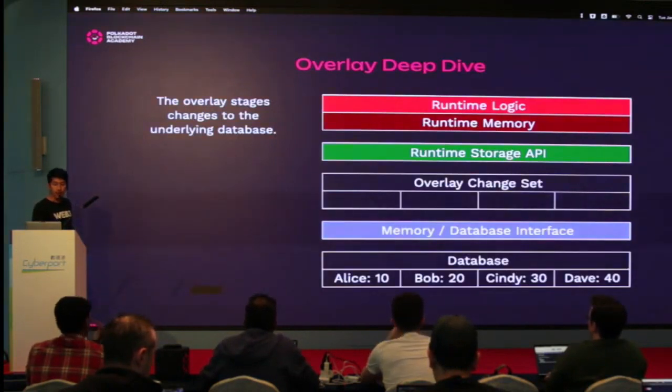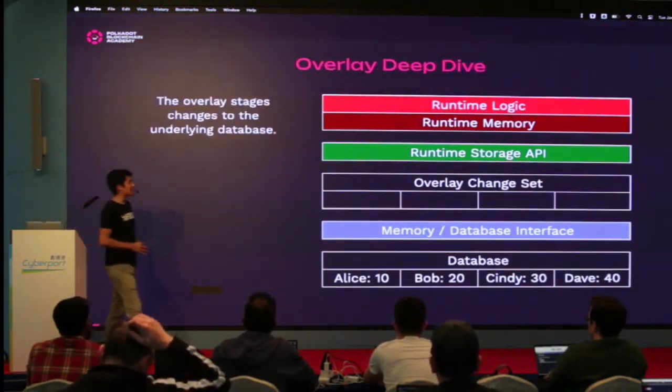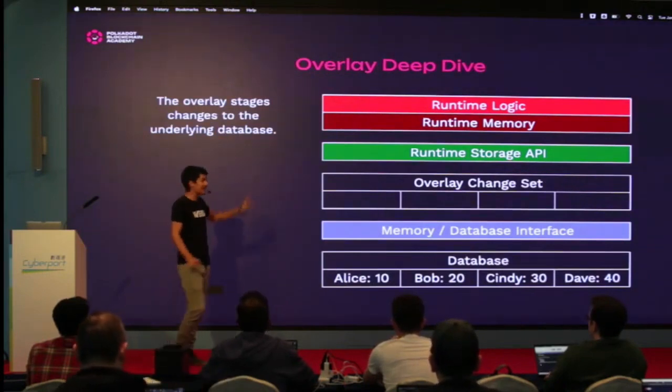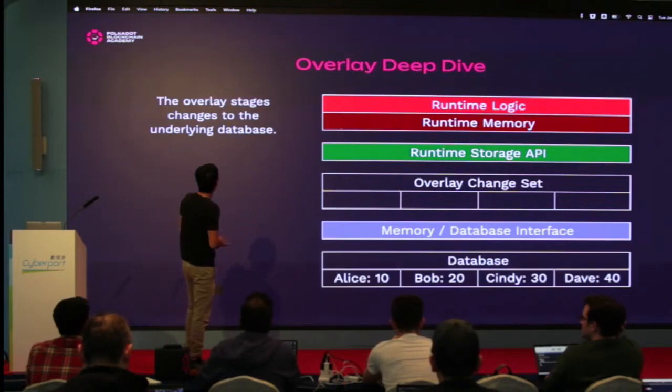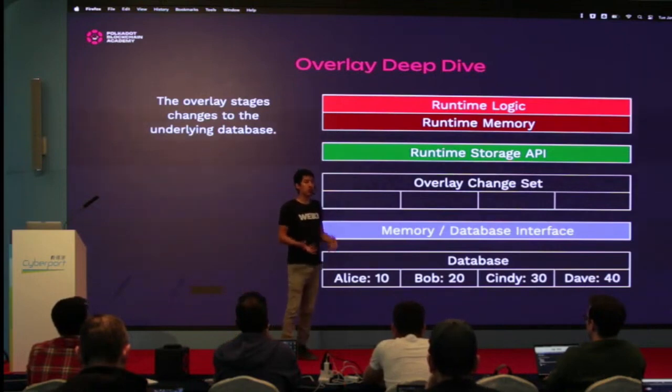Did you already cover the overlay? Okay, let's go over it one more time just to make sure. Just a quick overlay deep dive. I assume you haven't seen this picture before, right? But you've probably seen things like it. Basically, the overlay is a way that we can stage changes to the actual database. Writing to the actual Patricia Merkle tree is super expensive.